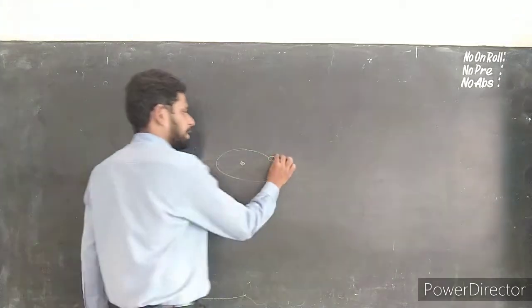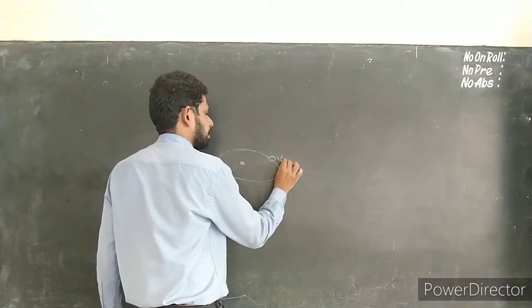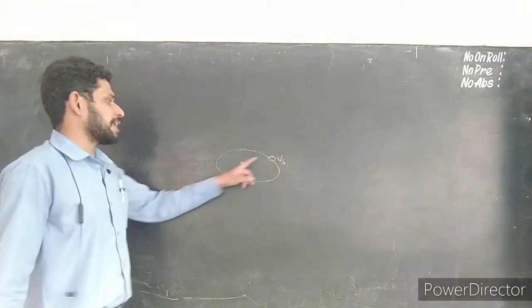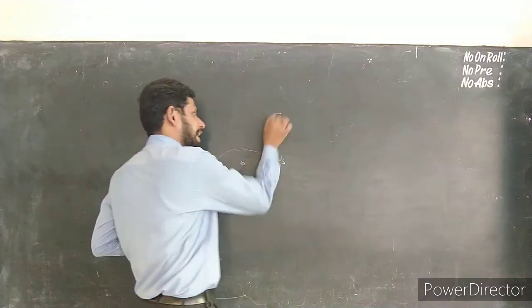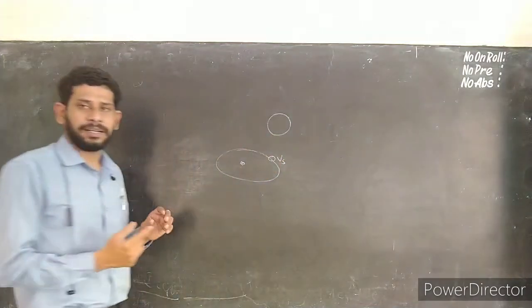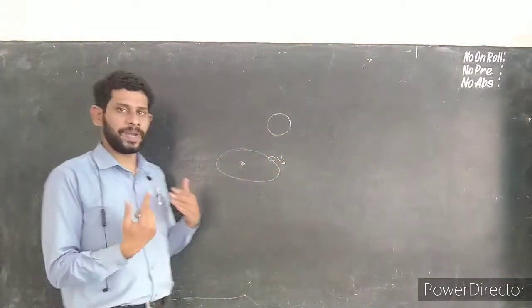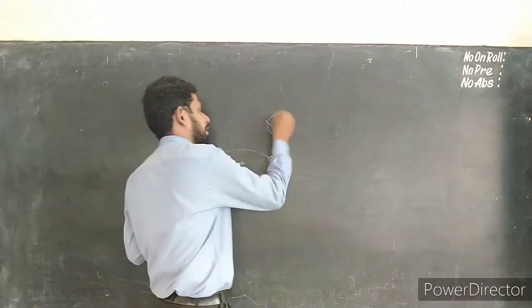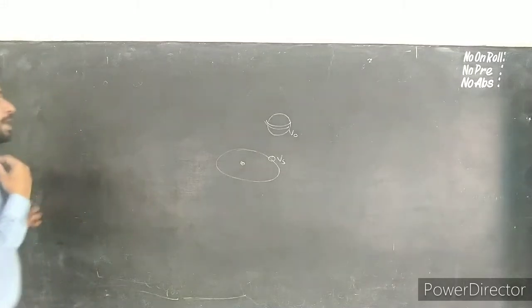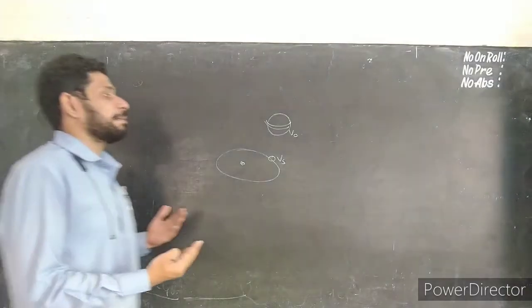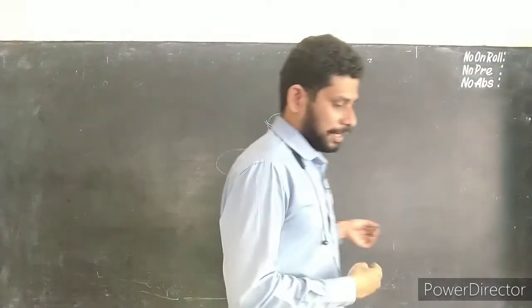Let Vs be the velocity of the Earth with respect to the sun. Also, the Earth moves with its own velocity, which we take as Vc. What will happen at night time and daytime?